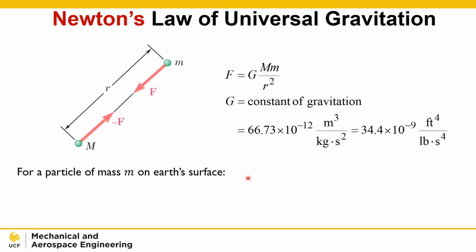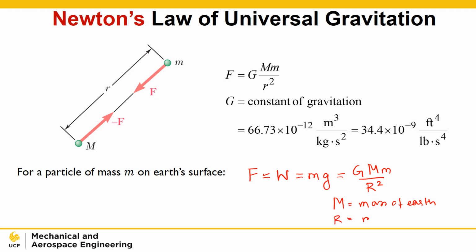Therefore, we can write this equation as F is equal to W, which is the weight of the particle, is equal to m times g is equal to G M m over R square. Here M indicates the mass of the Earth and capital R indicates the radius of Earth.